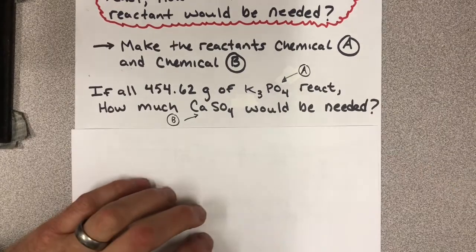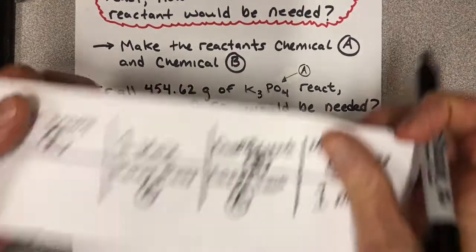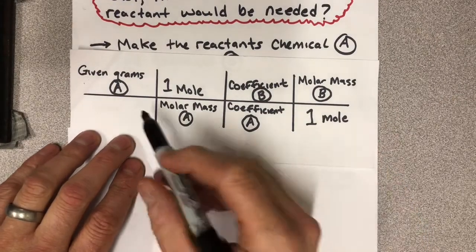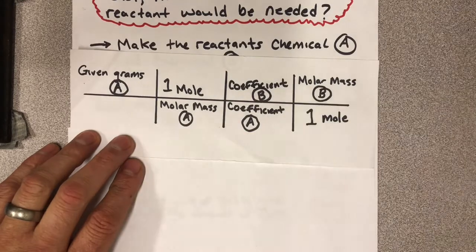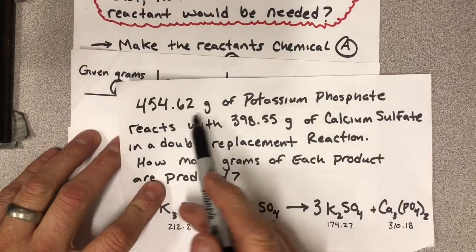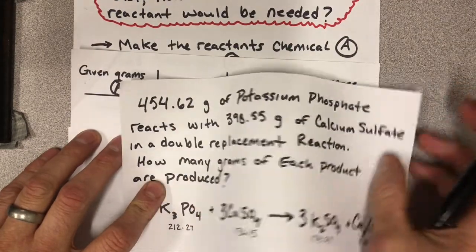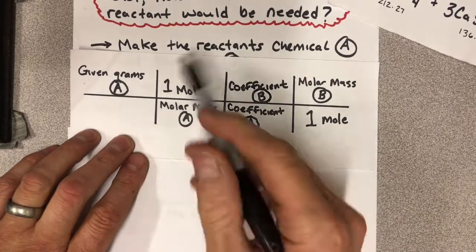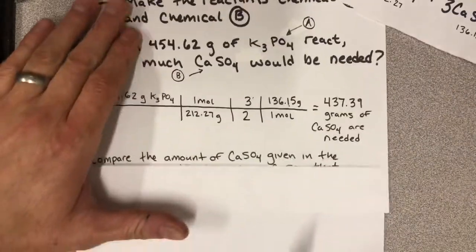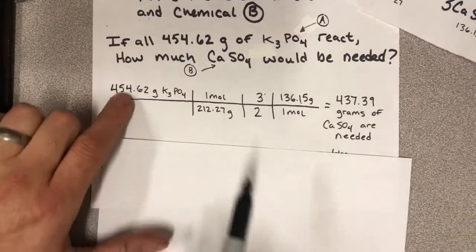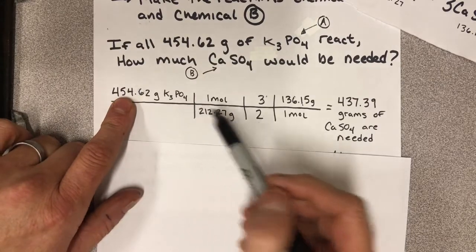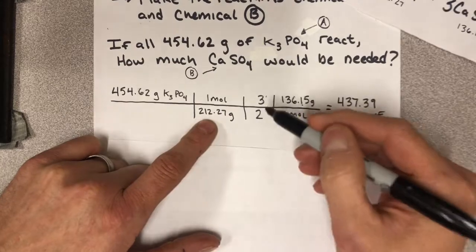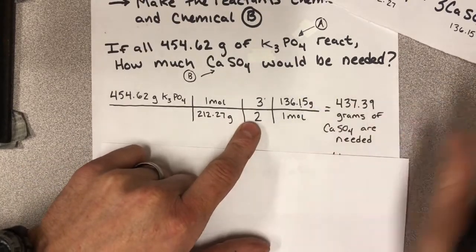So this is where we're going to set up our gram to gram stoichiometry as we've done in the past, where given grams of A is the amount of potassium phosphate, and then we're going to see how much B, not is produced, but how much B is needed to react with all of the A. And here's what that math looks like. So here's our starting amount of potassium phosphate, molar mass of potassium phosphate, mole ratio between potassium phosphate and, what's the other compound?